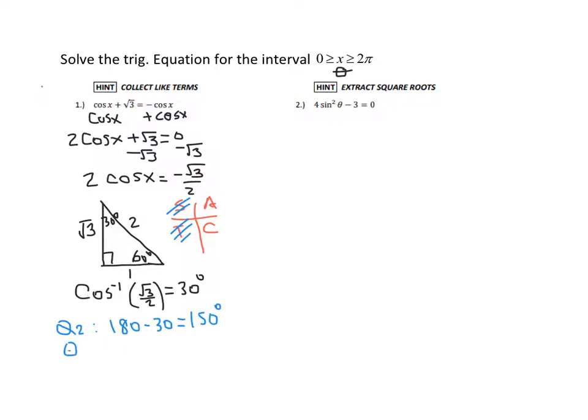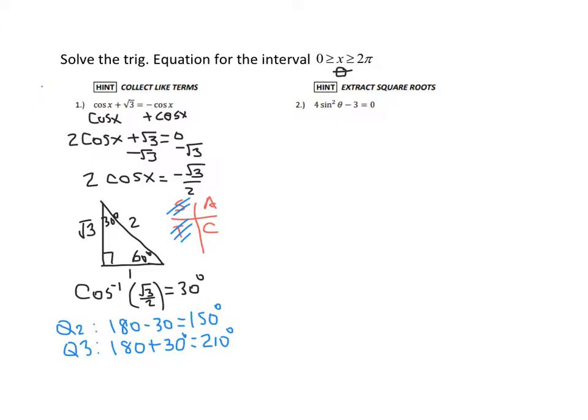And in quadrant 3, remember we add the reference angle, so it's going to be 180 plus 30 degrees, so we get 210 degrees. Those are my answers. And remember, I could also write them in terms of radians.